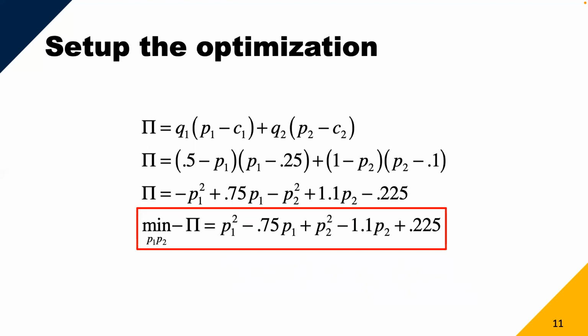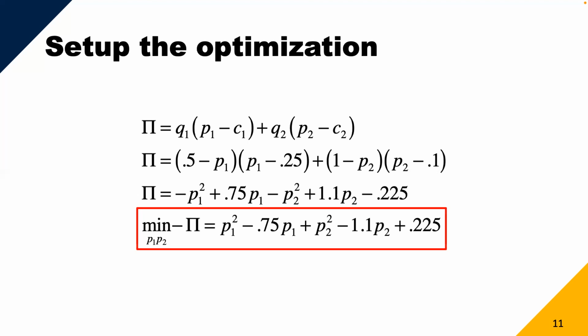So as the seller of cookies and milk, what am I allowed to change? Yes, the price. I can't control how many cookies and how much milk people are buying, but I can control the price. So the prices are going to be our decision variables. I am just going to substitute in the Q1 equation and the Q2 equation, which were 0.5 minus P1 and 1 minus P2, and then solve for this.